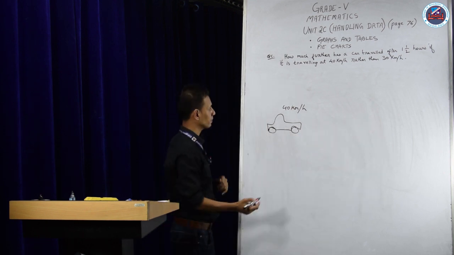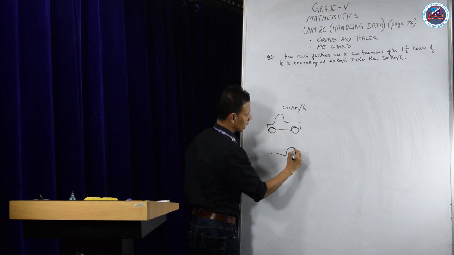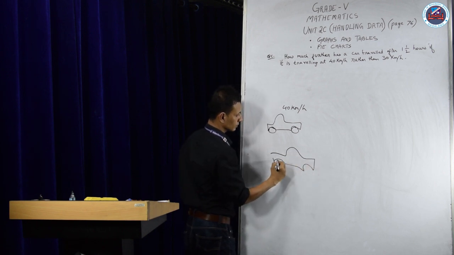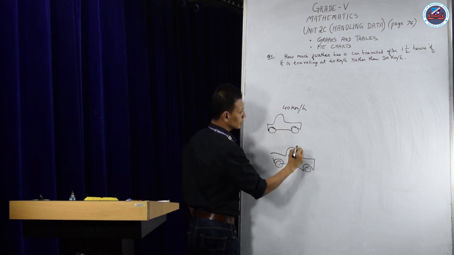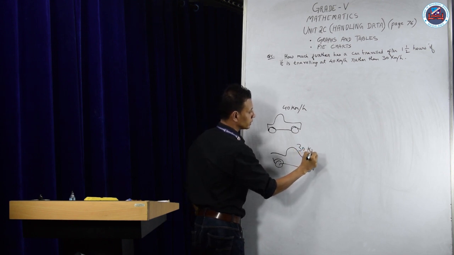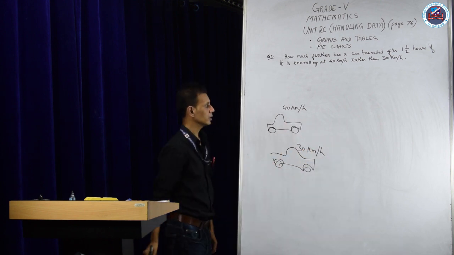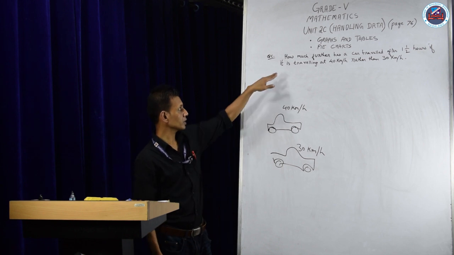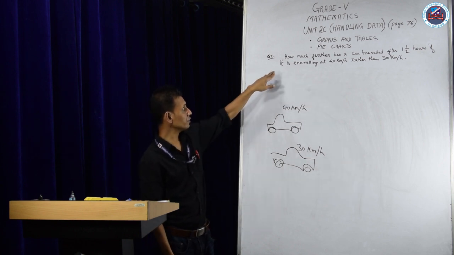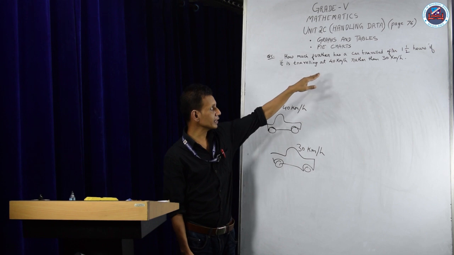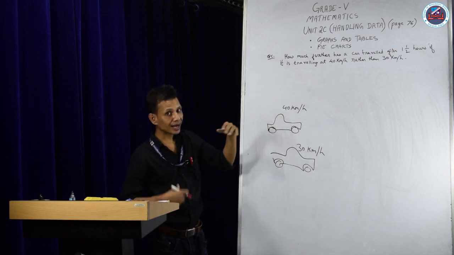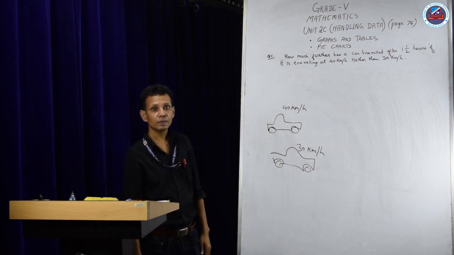That is one case. Another case, the same car, now the speed is 30 kilometers per hour. Your question says, if it is traveling at 40 kilometers per hour rather than 30 kilometers per hour.